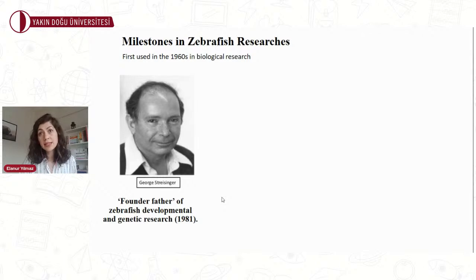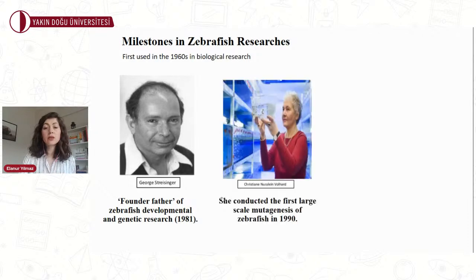In the early 1990s, two major laboratories decided to undertake a large-scale mutagenesis project in zebrafish to generate a panel of fish lines carrying recessive point mutations, affecting most of the genes involved in vertebrate development. Together with her team, Christiane Nüsslein-Volhard carried out the first large-scale mutagenesis in zebrafish.